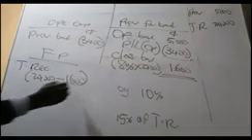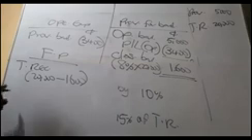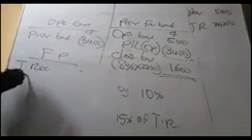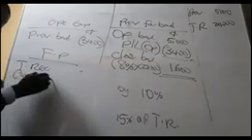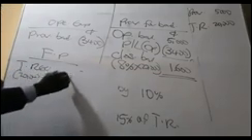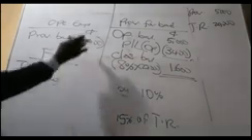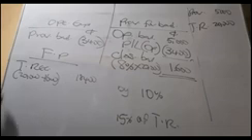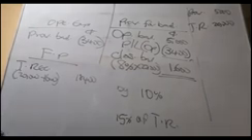So therefore, you get 18,400. So this is how the financial position will look like.